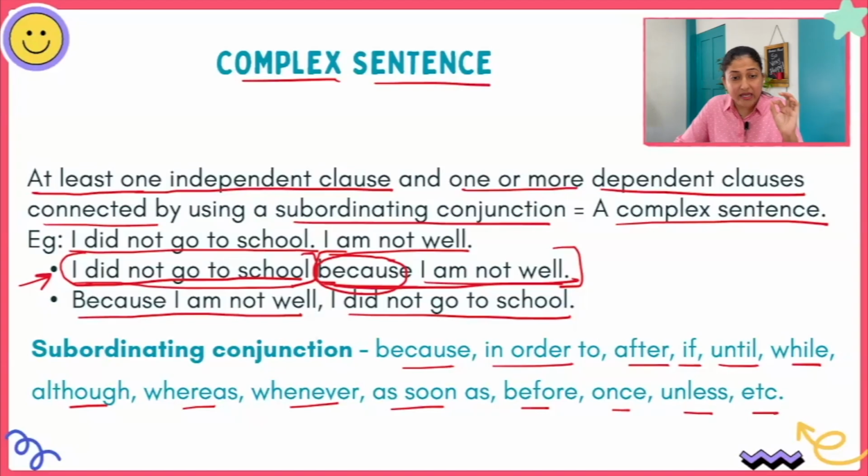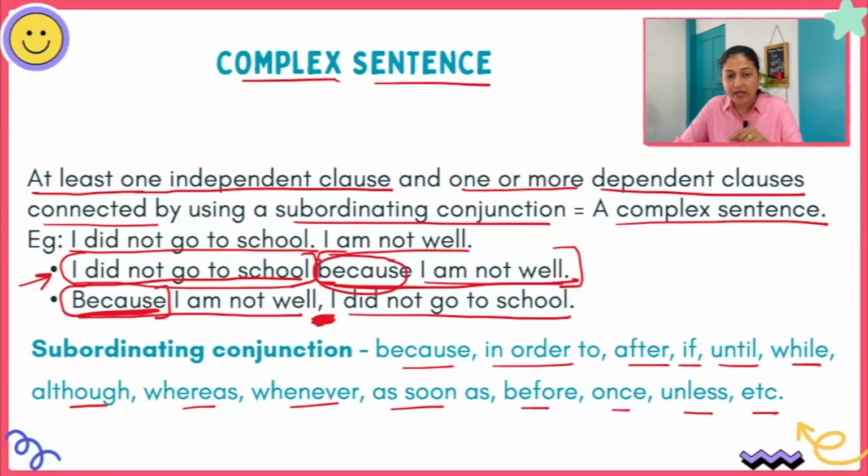However, whenever you are changing the order, remember that there should be a comma after the clause which starts with a subordinating conjunction. Once again, just to clear it, if at all you start a sentence with a subordinating conjunction, then you will add a comma after that clause.